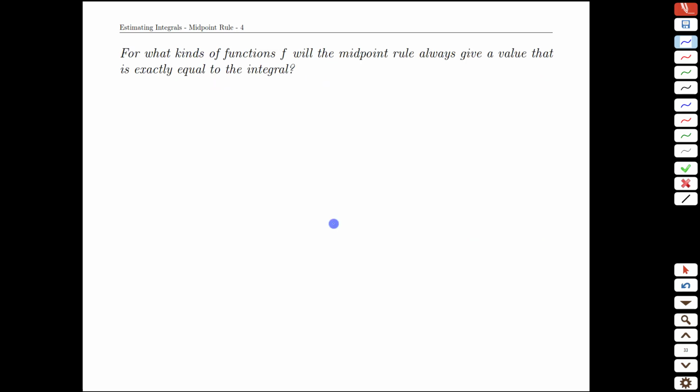It's also worth noting what kinds of functions you would actually get the exact answer for. If you think of the midpoint rule and going up to the height and building it across, certainly a constant function would give us an exact height, but that's true for the left and right hand rule.